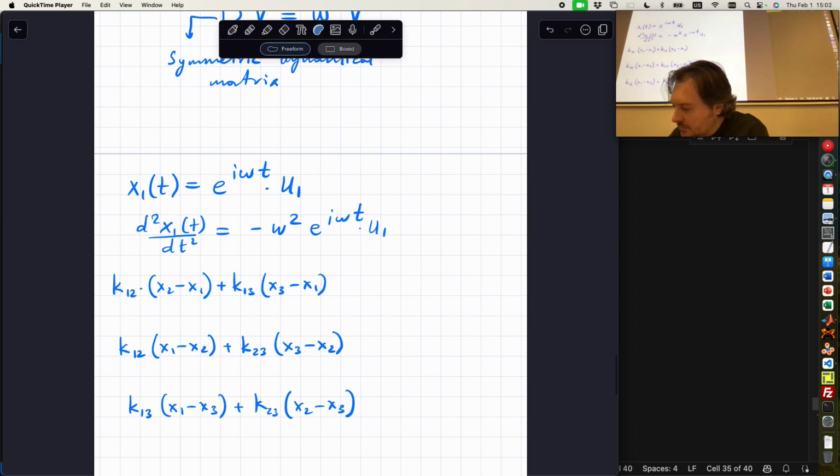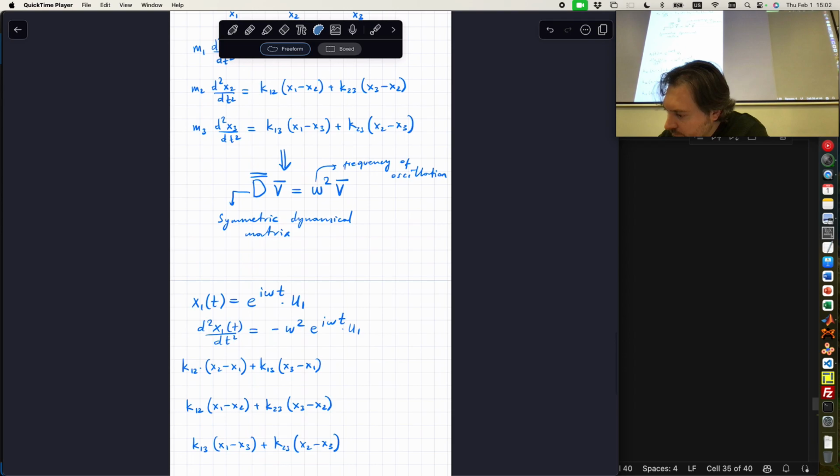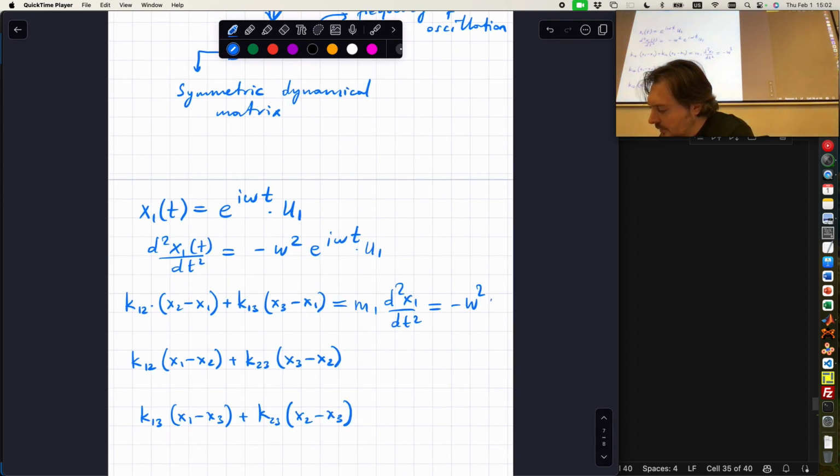But this time, the masses, you had this m1 d squared x1 over dt squared, right? That becomes minus omega squared u1, where this one also becomes u. So these all become u, and the exponential terms cancel out.